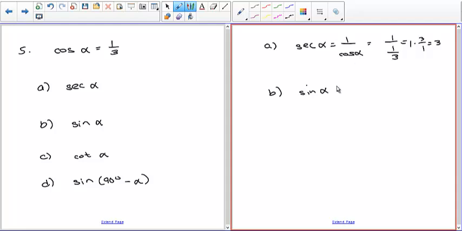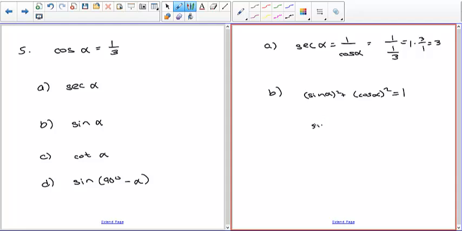So we could use the Pythagorean identity again, which I think is what we'd have to do. So you'd say the sine of alpha squared plus the cosine of alpha squared equals 1.